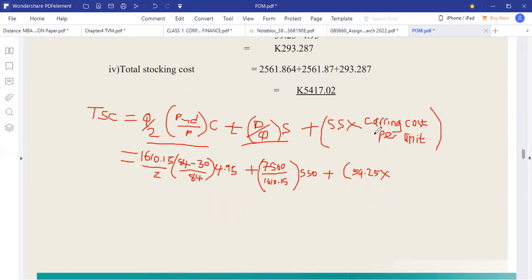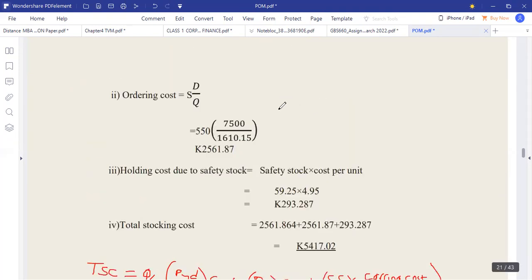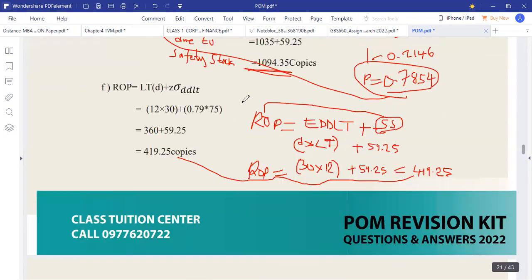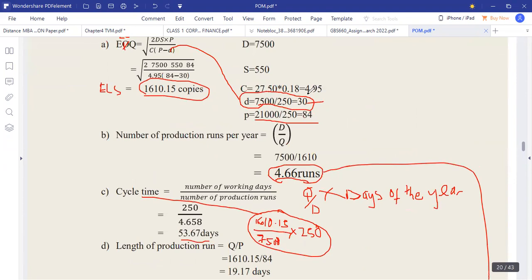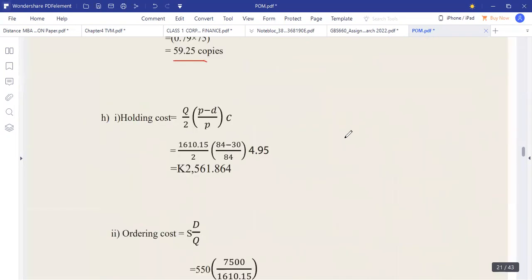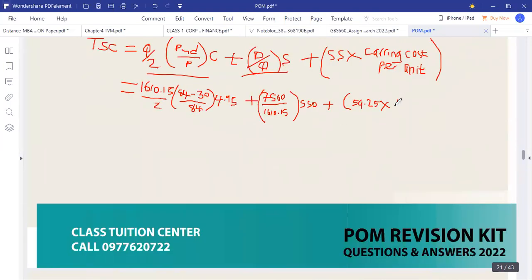So you don't use the unit price, use the carrying cost per unit per year, which is our C, 4.95. Carrying cost and holding cost are the same. So you put here 4.95.